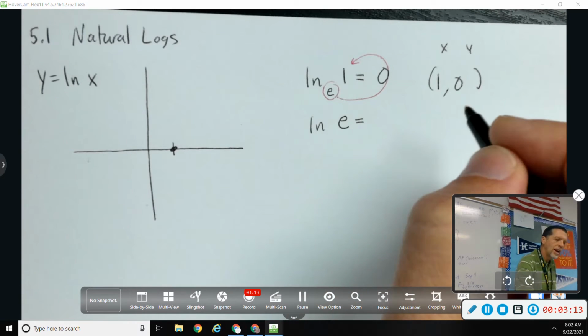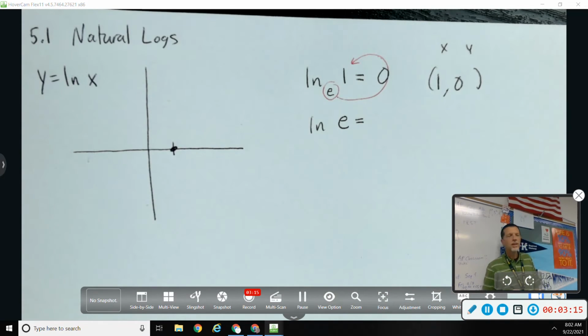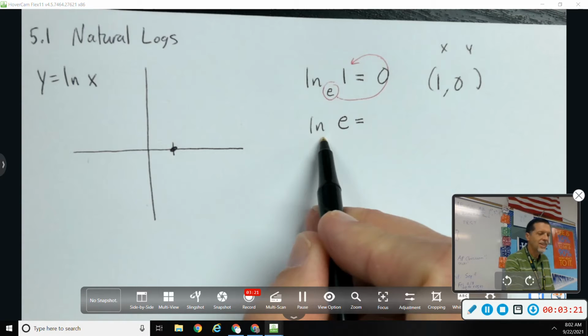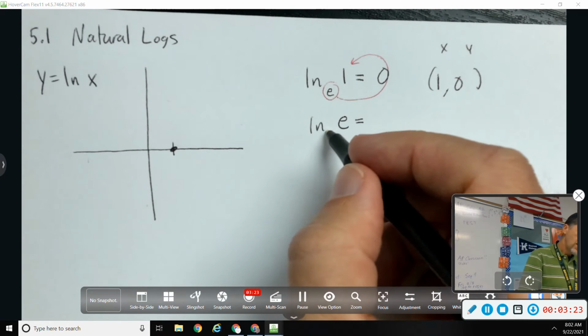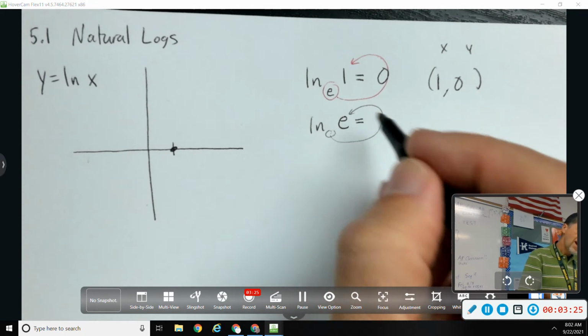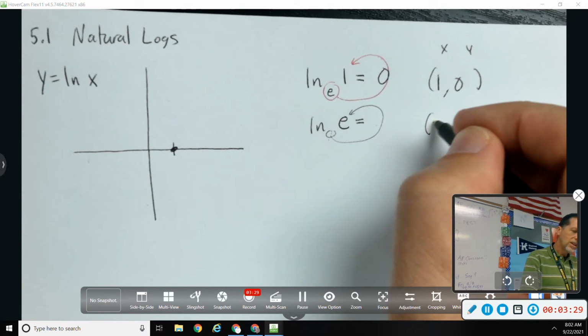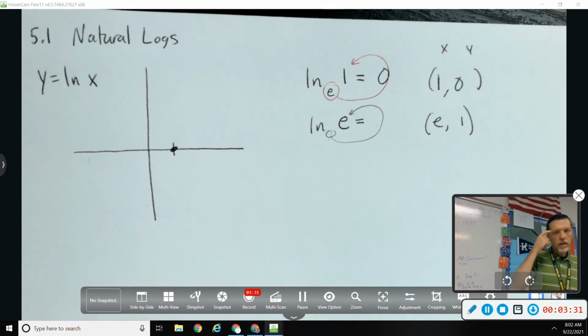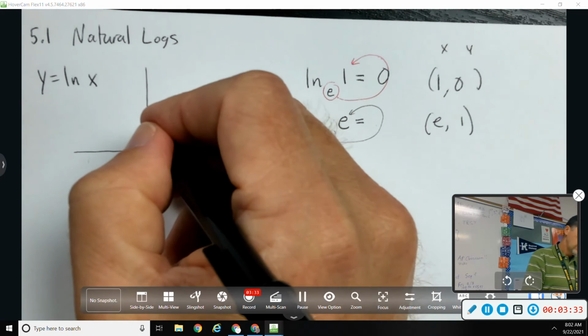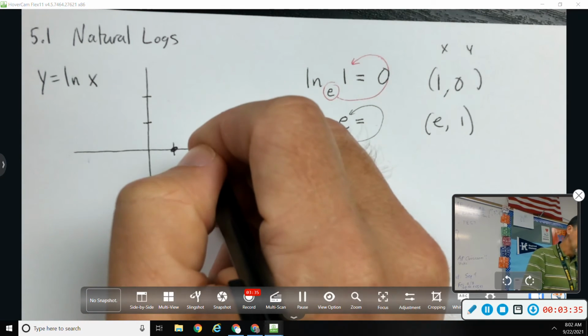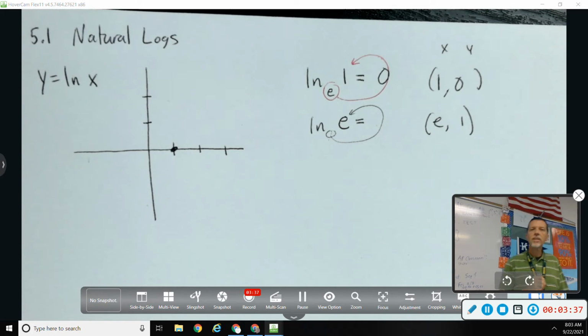How about the natural log of e? There's still a base e here. Oh, 1. Yeah. e to the 1 equals e. Of course, then we have to know what e is if we want to put that on the graph.